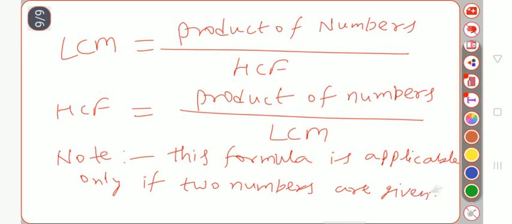This formula will not be applicable for 3 or 4 numbers. If it is asking to find LCM and HCF of 3 or 4 numbers, then do not apply this formula. It is applicable only for 2 given numbers.